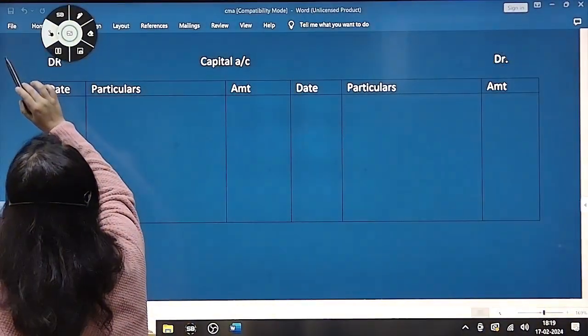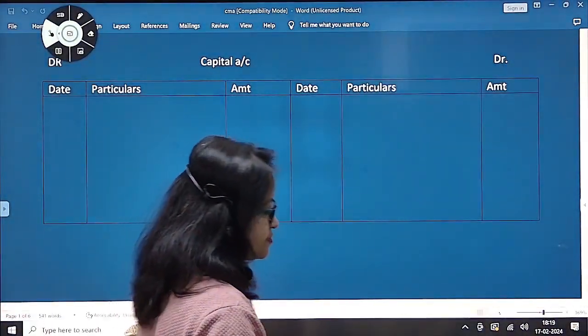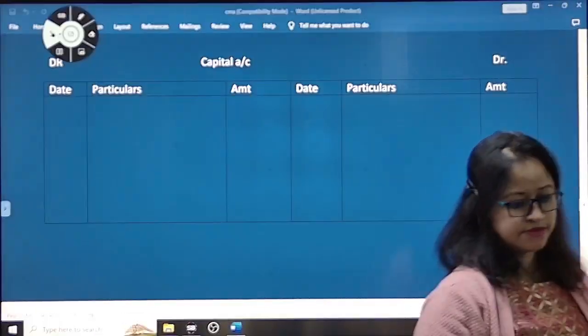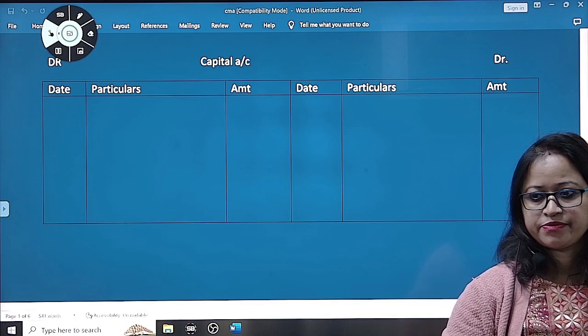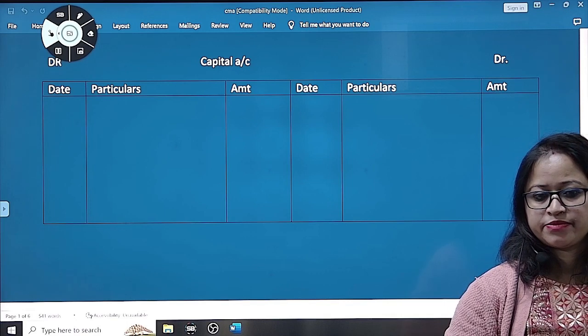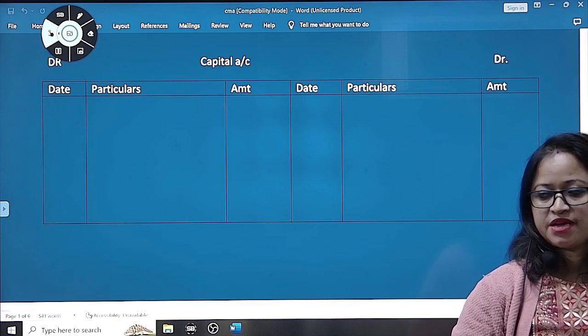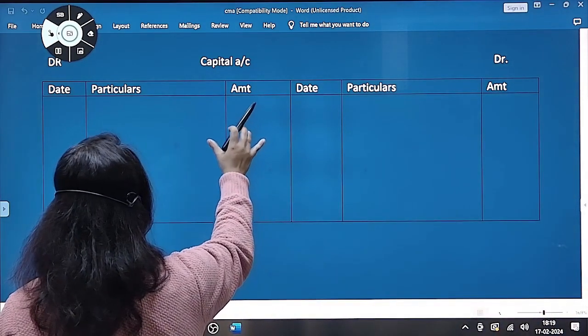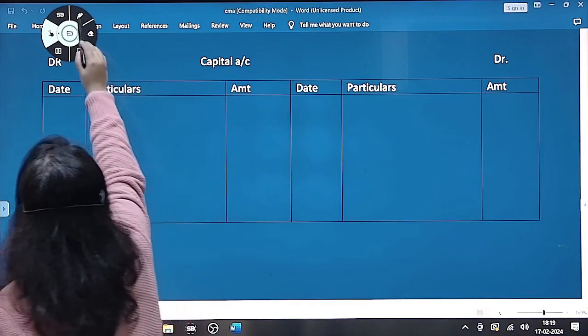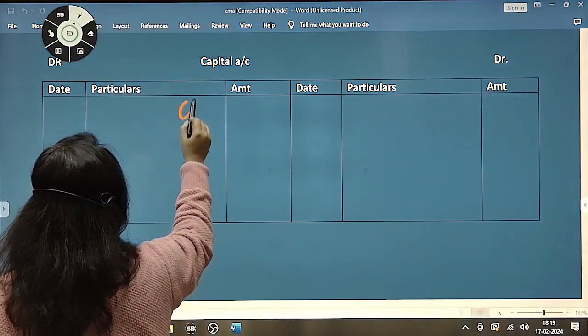Ma'am, I have a doubt. Yes, tell me. Ma'am, when we adjust the total amount on the other side and subtract the amount to adjust it, then we write balance BD, right? Here whatever balancing figure we are getting, we have to write balance CD. See, this is CD.